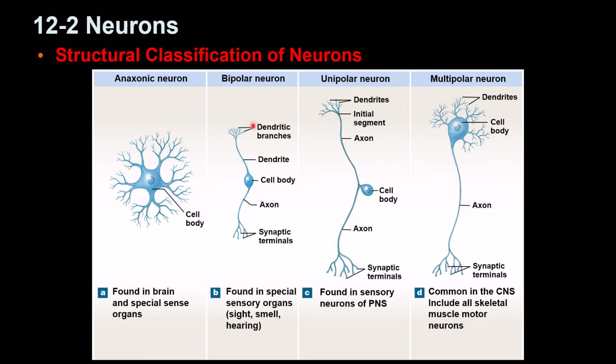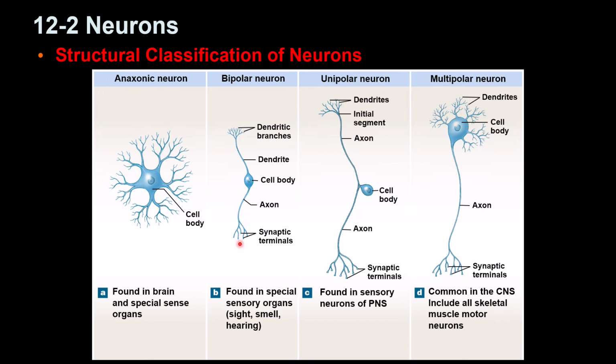There is a different classification of the neurons, okay? One is called anaxonic, so it does not have an axon. You can see the dendrites and the cell body here, and that is found in the brain and special senses. The second one is called bipolar neurons, and it has one dendrite, okay? It's small, connected to the cell body, and then there is a short axon.